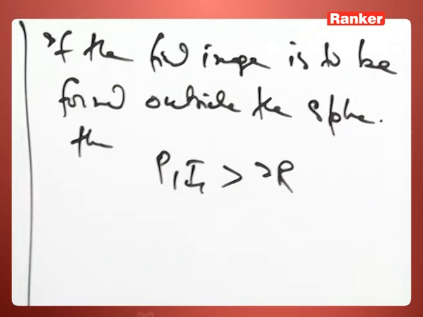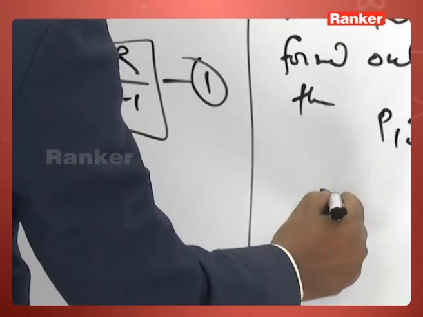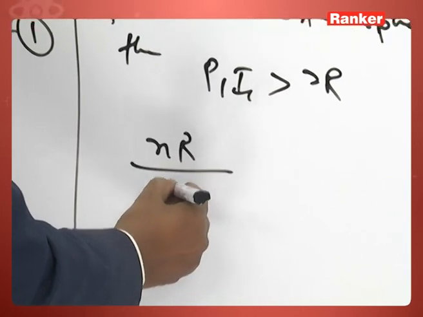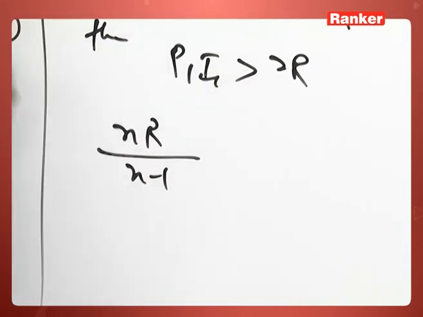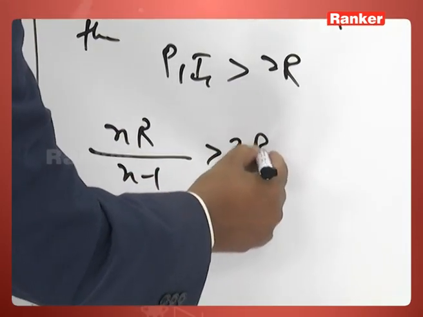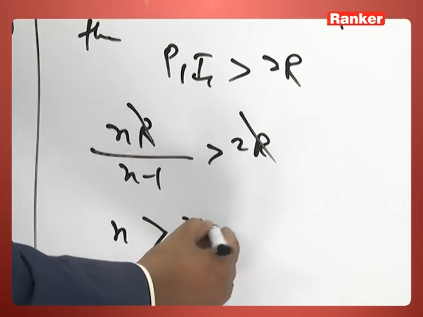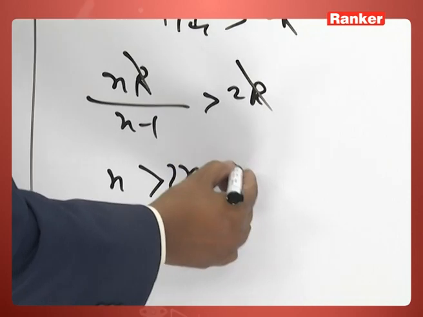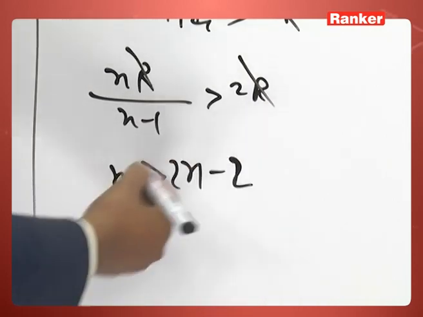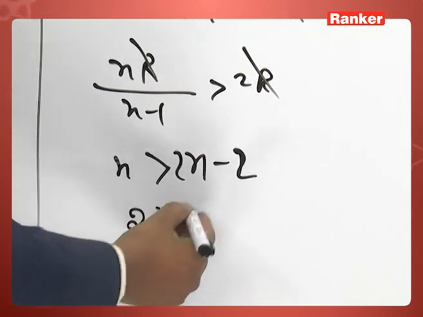So nR/(n − 1) is greater than 2R. So this R cancels, n should be greater than 2n − 2. So minus 2 comes this side, 2.